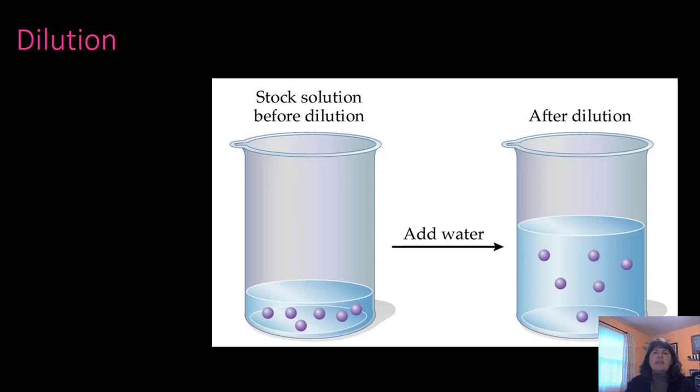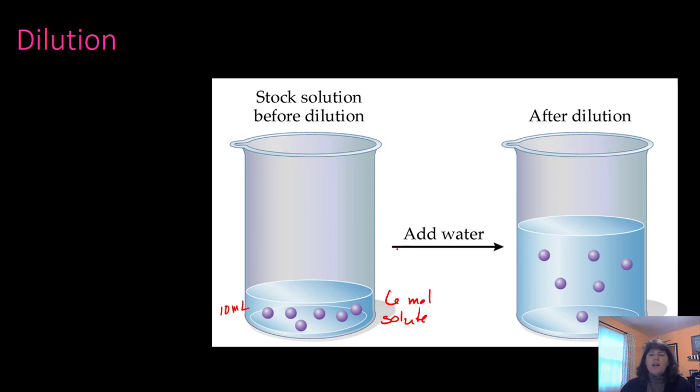Now take a look at this. On the left side I have a stock solution, and in your stock solution you'll notice it's a ratio. Remember, molarity is a ratio, moles per liter. So here I have 1, 2, 3, 4, 5, 6. You can't see me tap the screen, but you have, we'll call it, 6 moles of solute, and however much, we'll say this is 10 milliliters because that's pretty easy to measure.